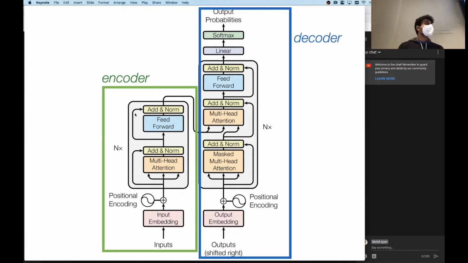And the way in which these two networks are connected to each other is through the cross-attention, which is happening in the decoder, where the keys and the values come from the encoder's final layer hidden representations, and the queries come from the decoder's current hidden states, right? So the cross-attention is where the queries come from a different set of representations than the keys and values do.